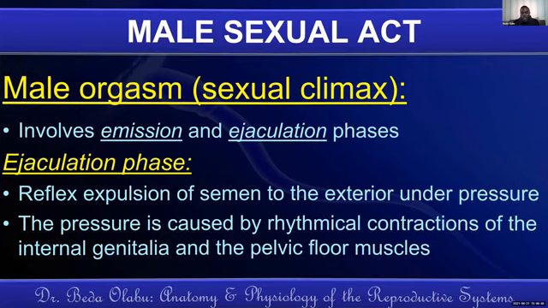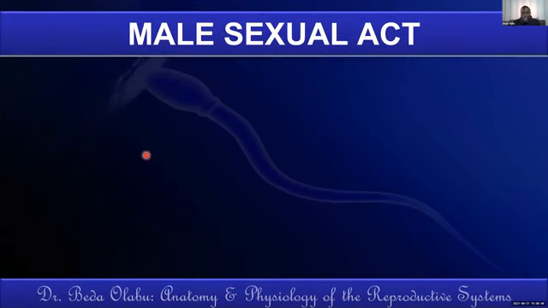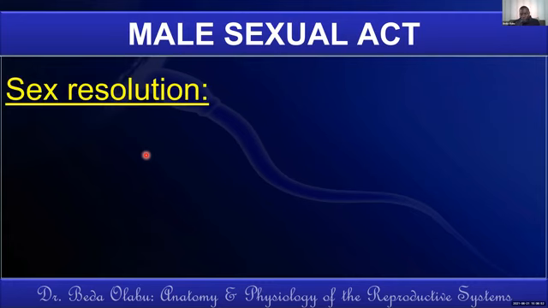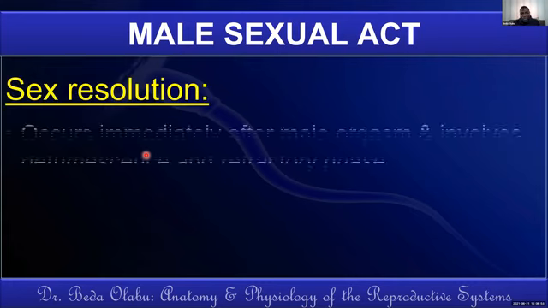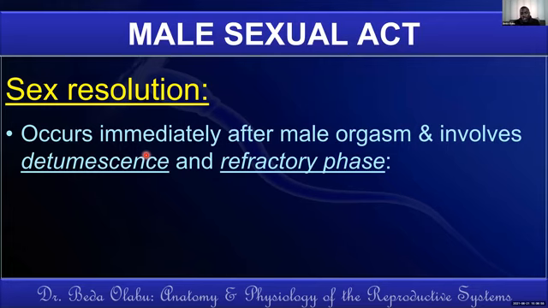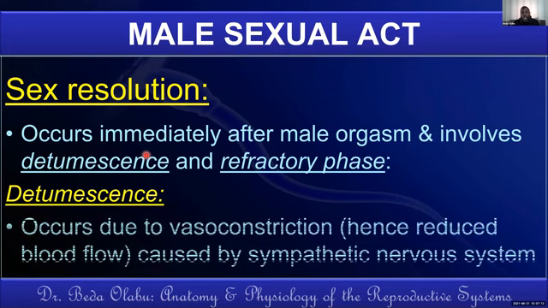All right, so after a man has ejaculated, what happens? You most likely know what happens, that men go to a stage of sexual resolution. This occurs immediately after orgasm, and it involves two things. Sexual resolution in the male involves detumescence, which simply means the end of erection.